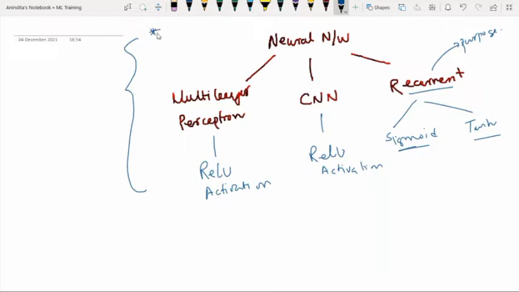So the conclusion here is that the type of activation function for a hidden layer of a certain neural network totally depends on the architecture, and sometimes on the objective of the prediction or the type of prediction by the neural network, right? Now, as I have stated, we can use an activation function in the hidden layer, and we can also use an activation function for the output layer.